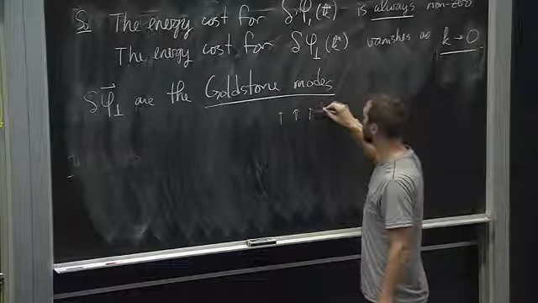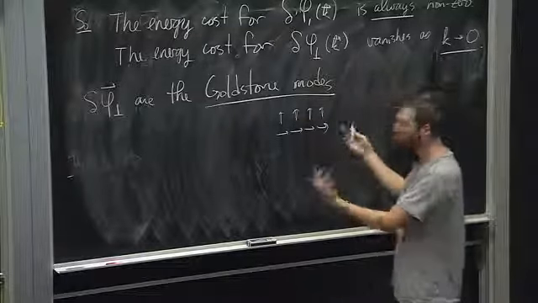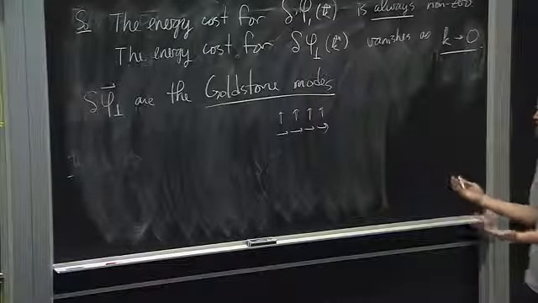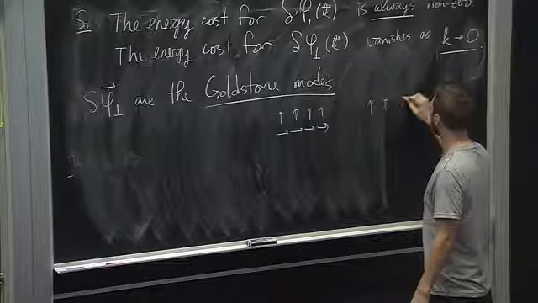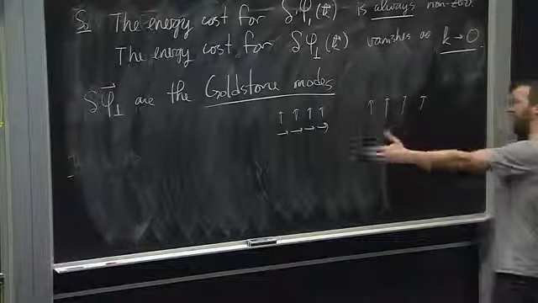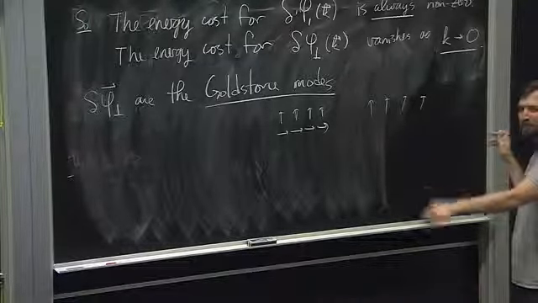If there's uniform rotations, then those don't cost you any energy, right? But you can also have very long wavelength fluctuations that span the entire lattice, say.